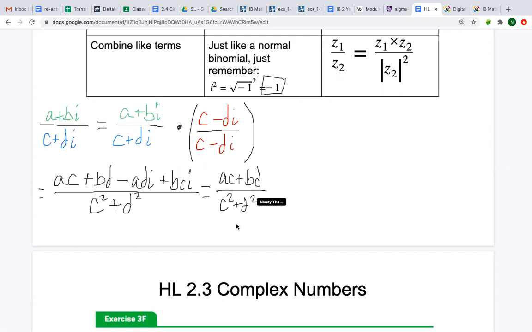And then I'm going to group the other one in an i term. So this would be plus BC minus AD divided by c squared plus d squared, times i.